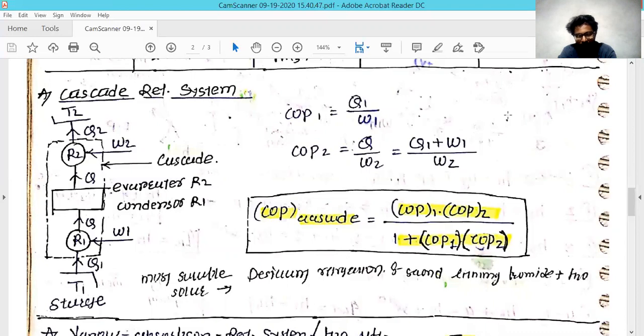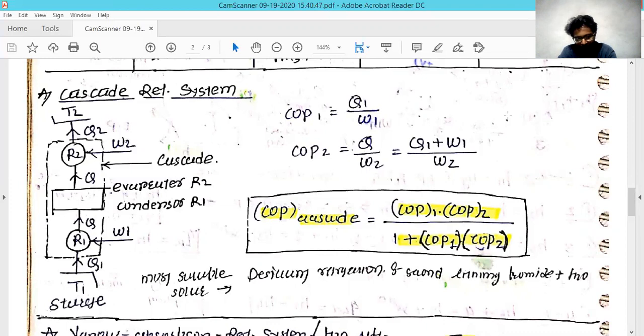And for the second refrigerator, the coefficient of performance will turn out to be Q divided by W2.